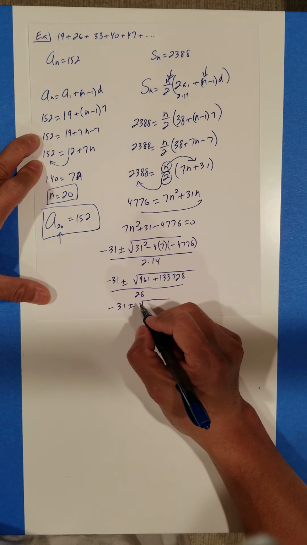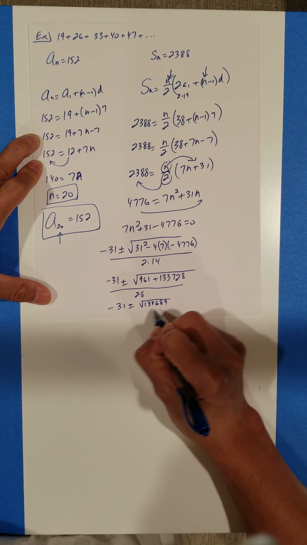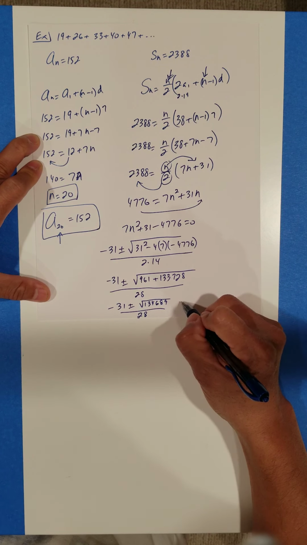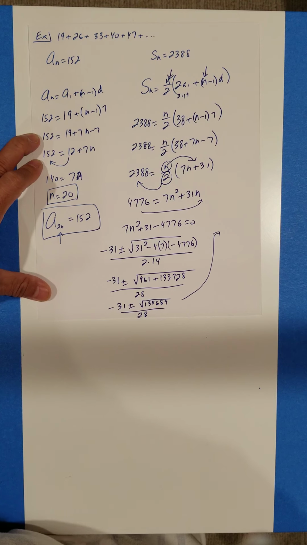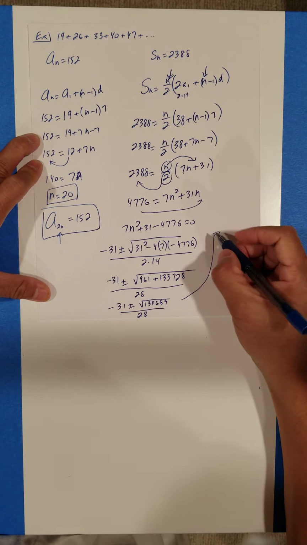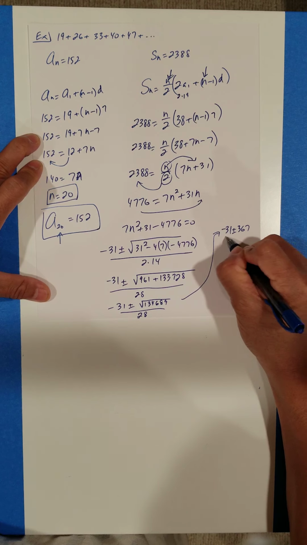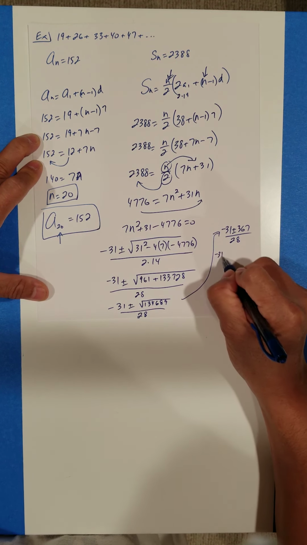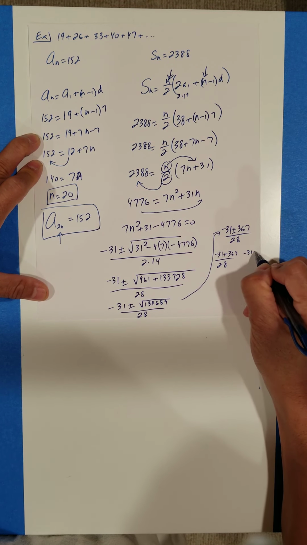That gives you 134,689 all over 28. So this gives you negative 31 plus or minus 367 over 28. Negative 31 plus 367 over 28, and negative 31 minus 367 over 28.